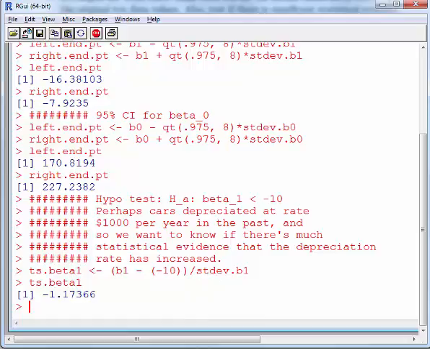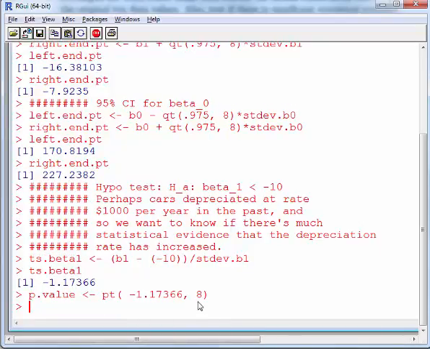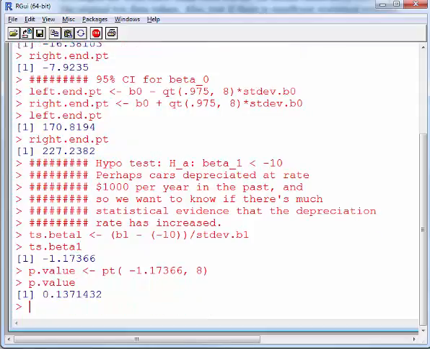So our p-value is going to be taken from a t-distribution with 8 degrees of freedom. And so our p-value is actually that.